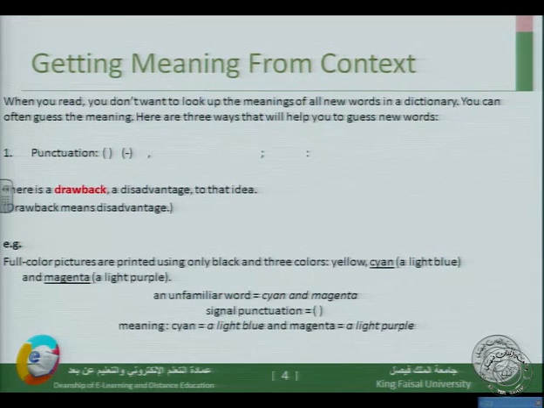Okay, so now you will learn how to guess the meaning of unfamiliar words or new words by looking around the words, or the surrounding words, in the same sentence or other sentences.